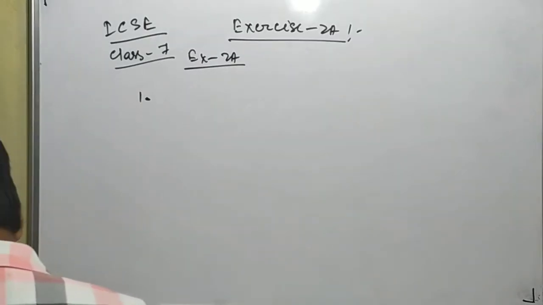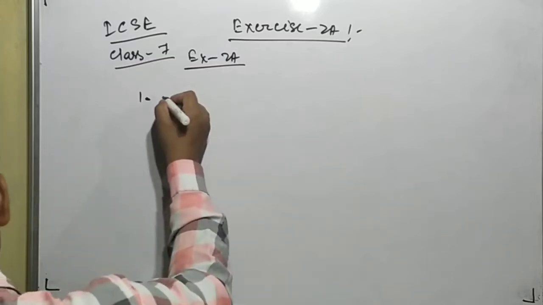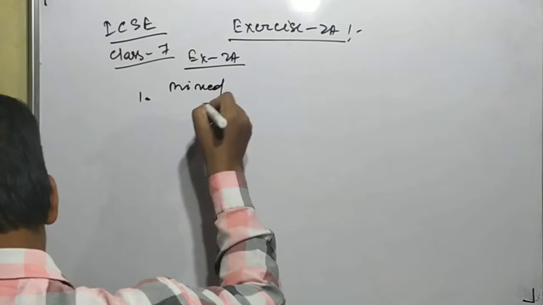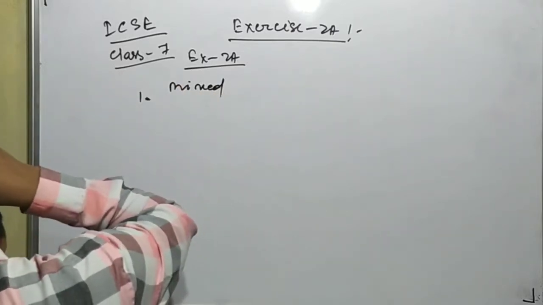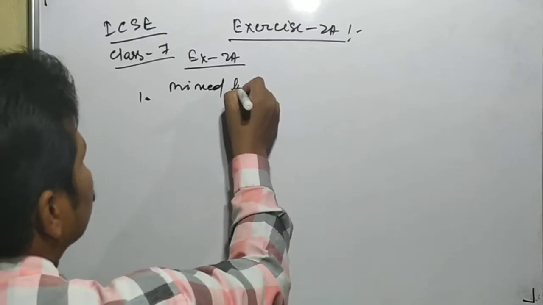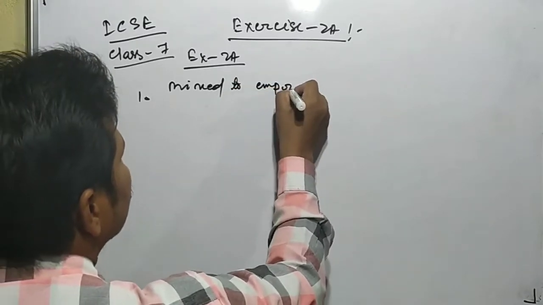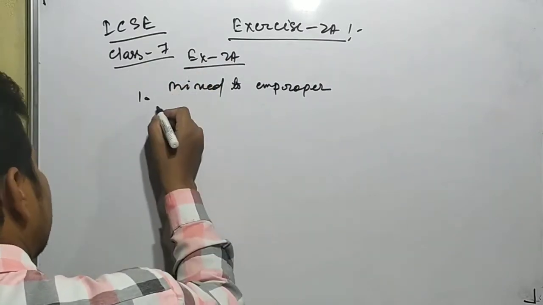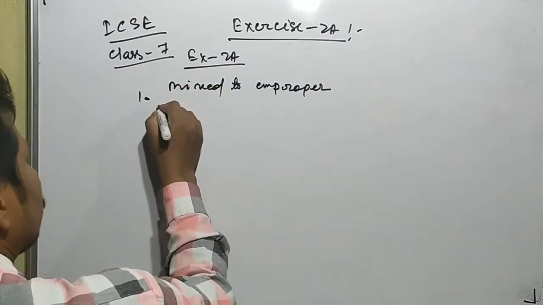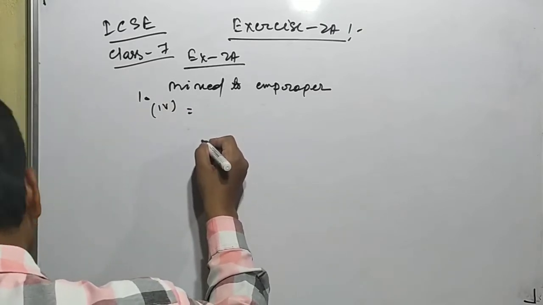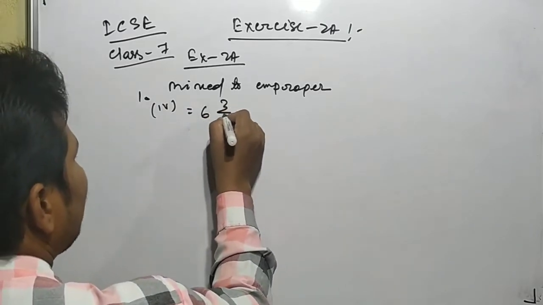Convert the following mixed fraction into improper. Suppose I will take question number 1, bit 4, which is 6 3 by 8.